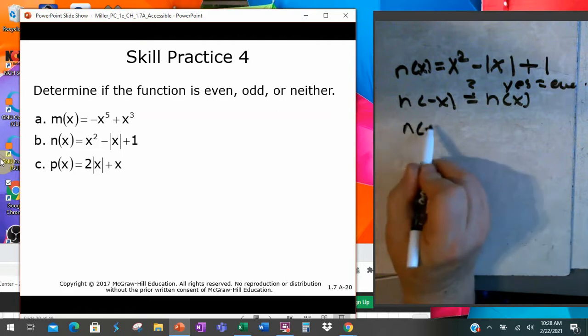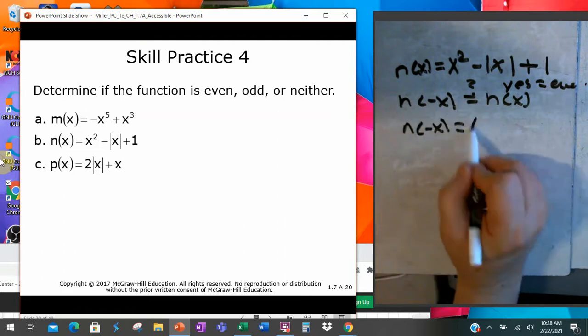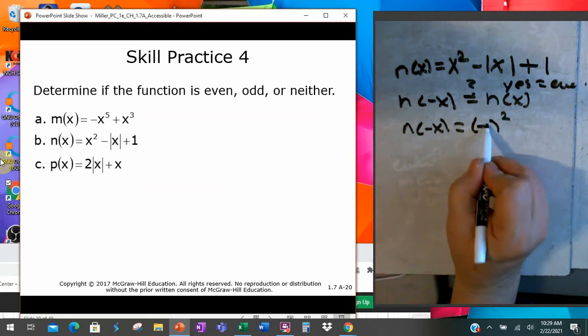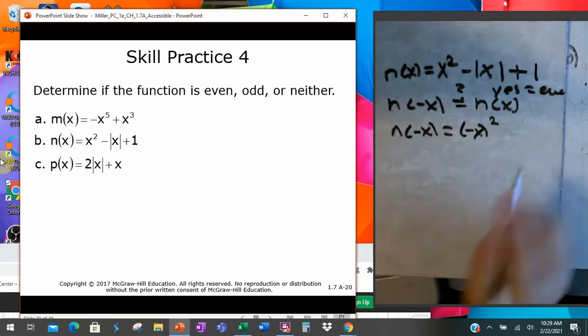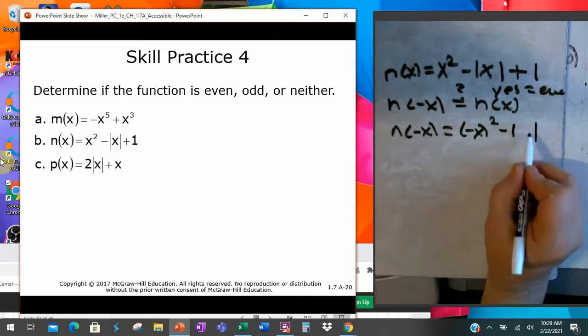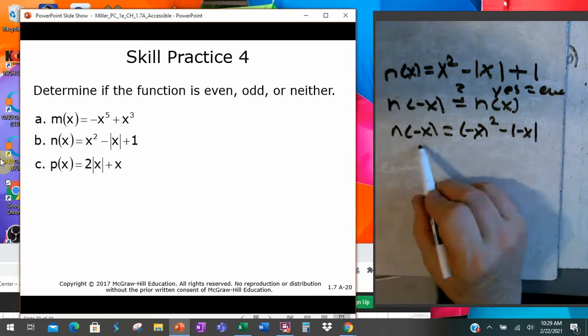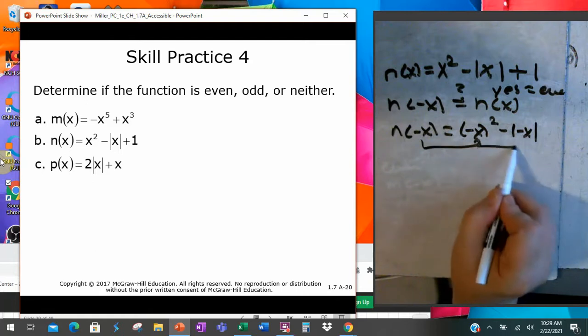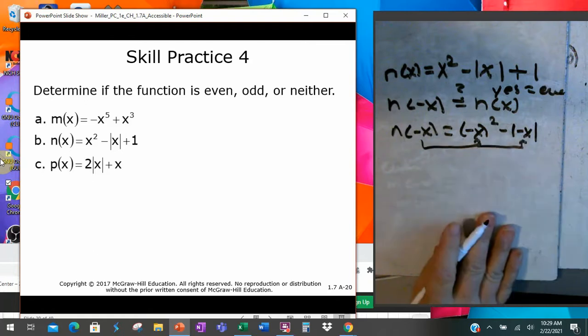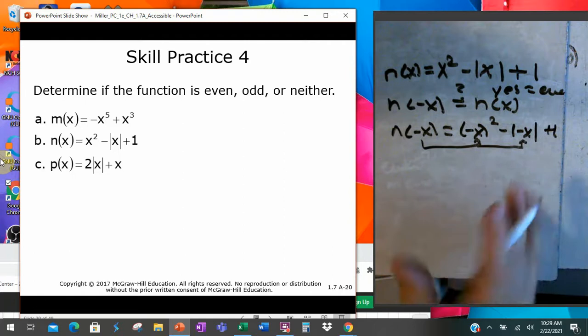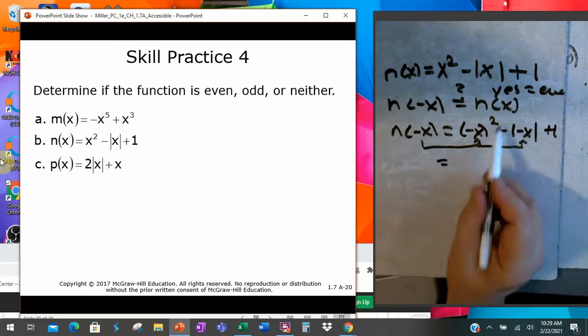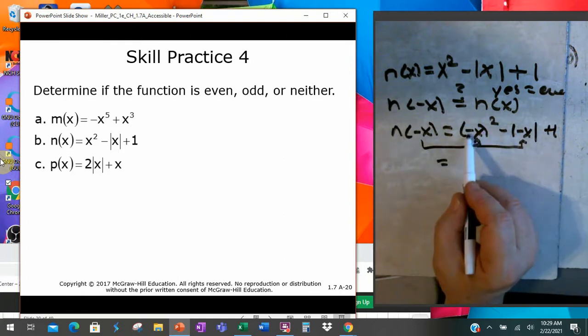So n of minus x, what does that look like? Parentheses squared, negative x goes in there, minus the absolute value of x, that goes in there, plus 1. And then I simplify. What do I know? This is minus 1 squared.